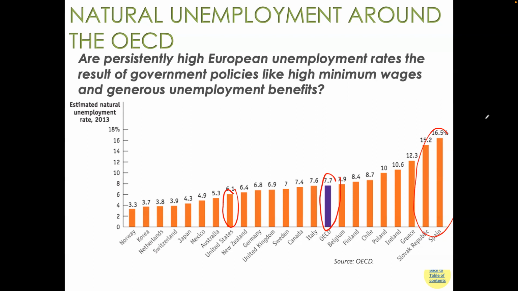One is frictional, the other is structural. In general, there are two explanations. Number one, if some country has less or worse technology in terms of helping the worker to find a job, will this country have higher or lower frictional unemployment?